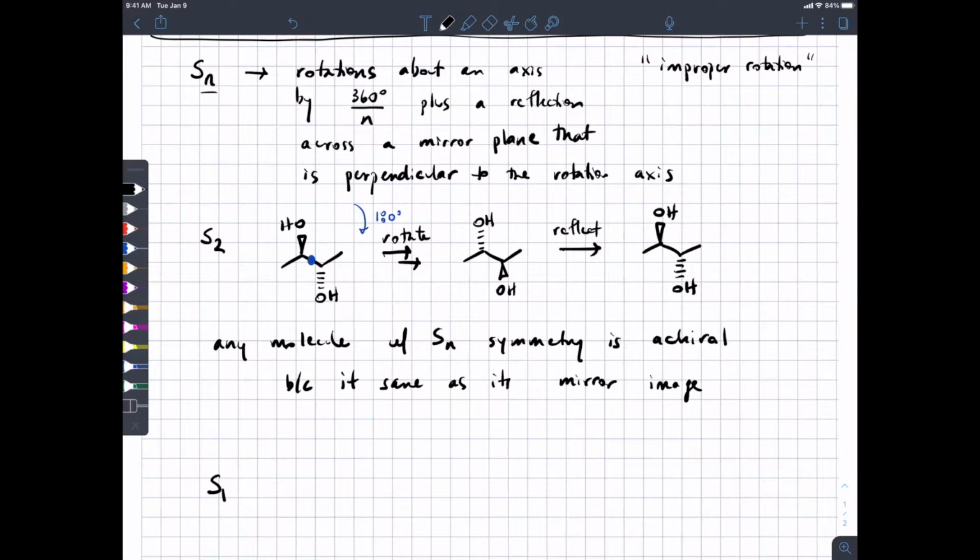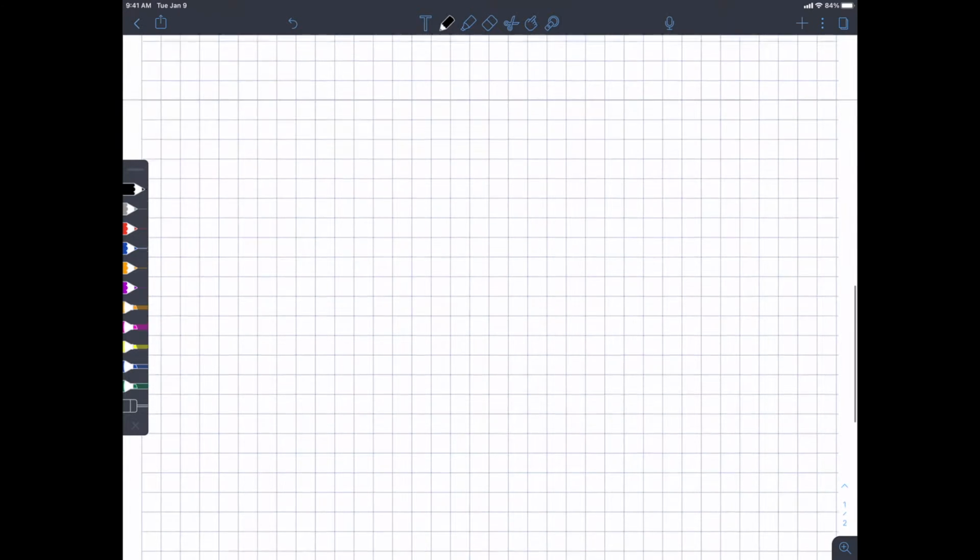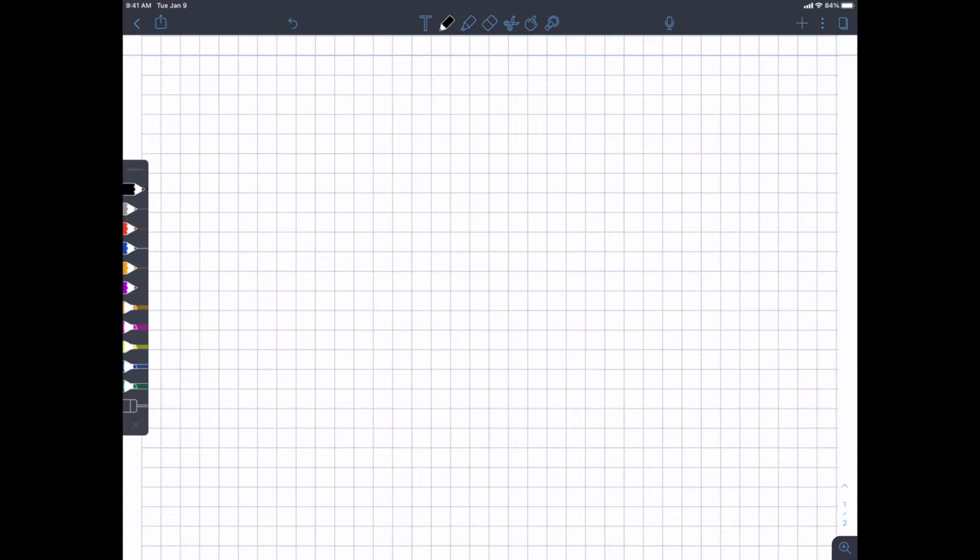And we're going to use these symmetry operations to determine in molecules whether groups are identical or not. And this can be useful in evaluating reactivity of molecules. And it can also be really, really useful in NMR interpretation.